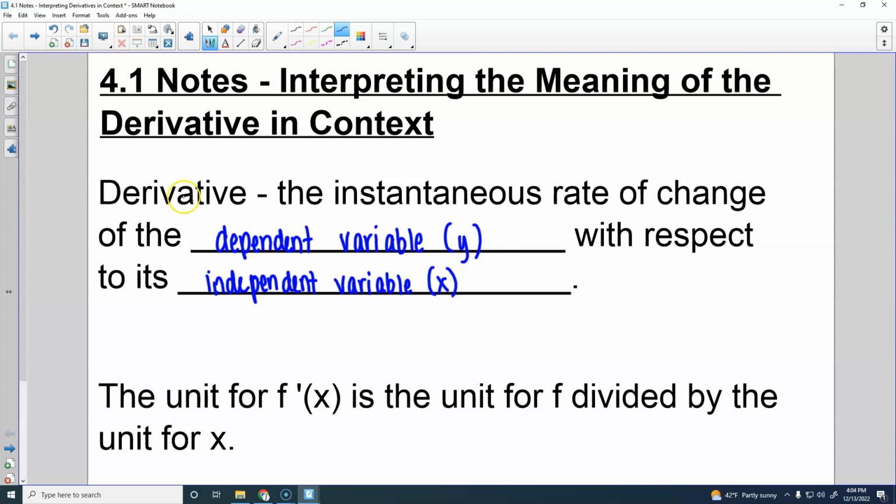And if you think about our symbol that we've used some for our derivative, it's dy dx, so the rate of change of the y with respect to the x. It also should remind us of our slope formula, because we know the derivative gives us the slope of the function at that point, and that's change in y over change in x.